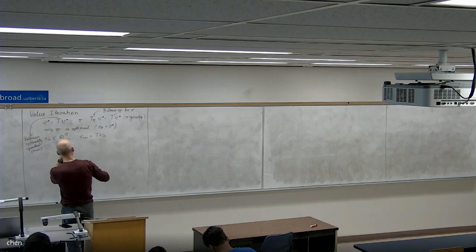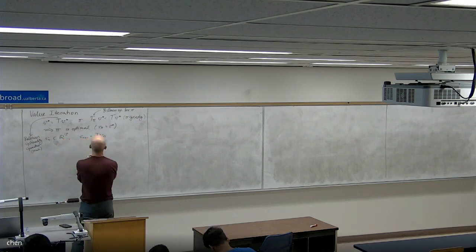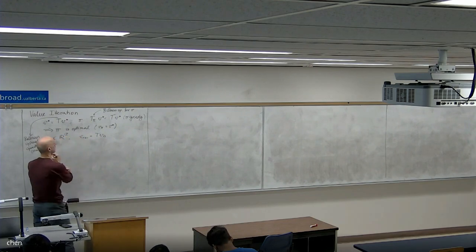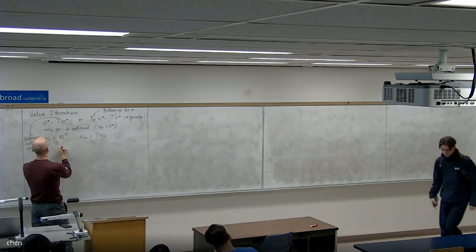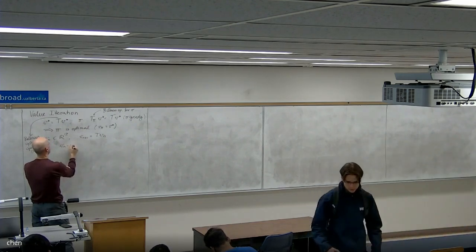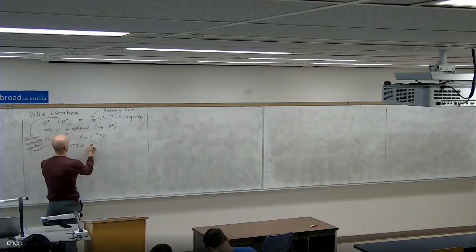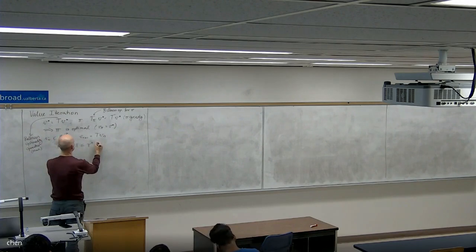So we iterate the Bellman optimality operator, and we know that this iteration, because of the contraction mapping theorem, converges to v star in max norm at a geometric rate.